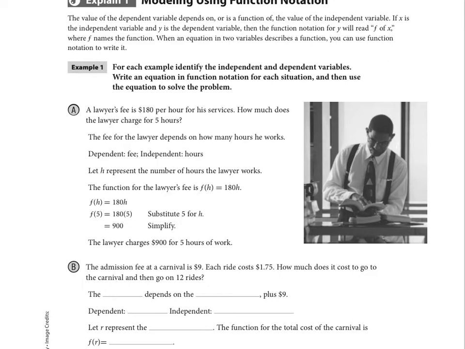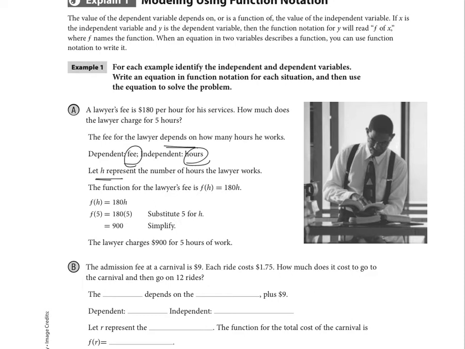A lawyer's fee is $180 per hour for his services. How much does the lawyer charge for 5 hours? So we want to read the sentence below. The fee of the lawyer depends on the number of hours he works. So we can see that the independent variable is the hours, the dependent variable is the fee, and we want to let h represent the number of hours.